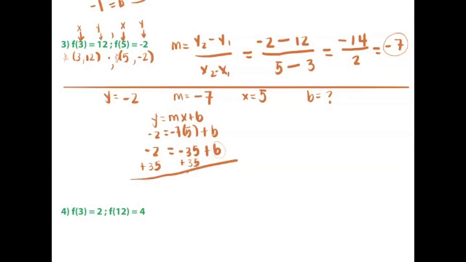What happens to these 35s on this right side? They cancel out, so I'm left with b on the right side. Negative 2 plus 35 is positive 33, so I can fill in b now and call it 33.